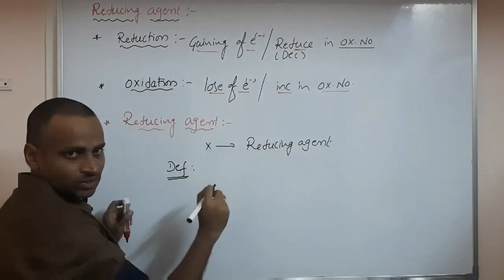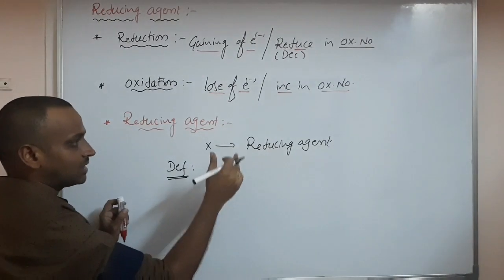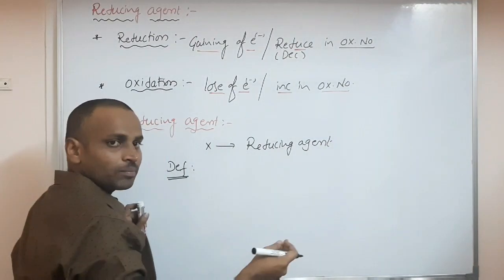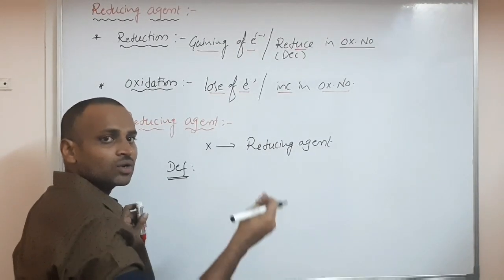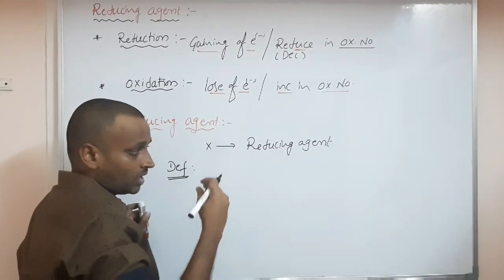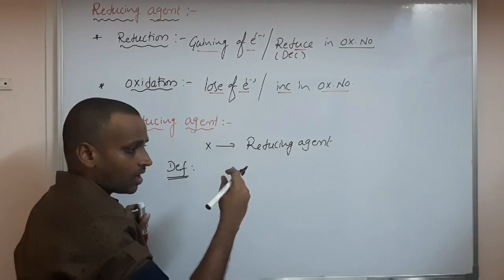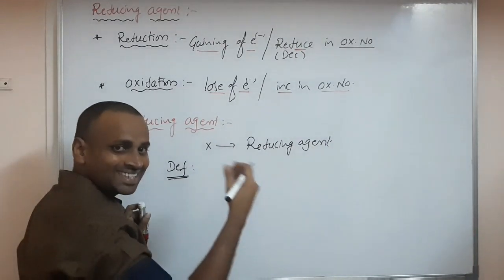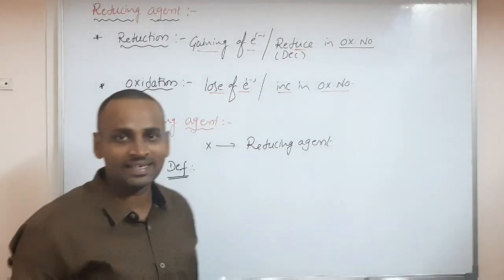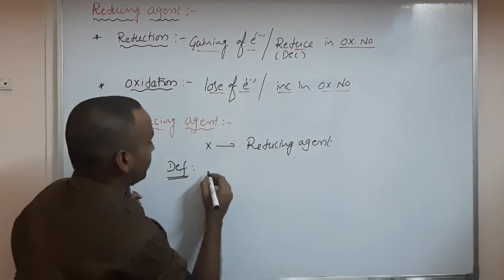Understood? X is the reducing agent means it is reducing others, and that particular X is undergoing oxidation. So X is oxidizing itself and reducing others. That is what is mainly happening. So what is the definition?